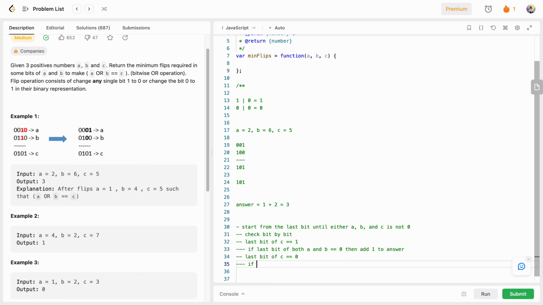So here, if the last bit of A is not equal to 0, then add 1 to the answer. And again, if the last bit of B is also not equal to 0, then again add 1 to the answer. All right.